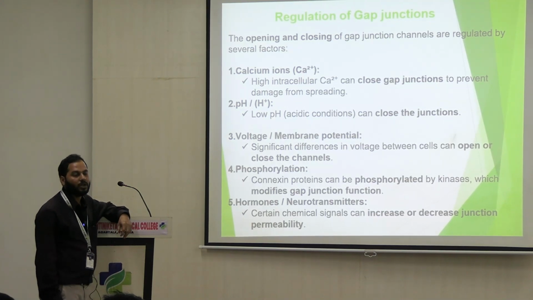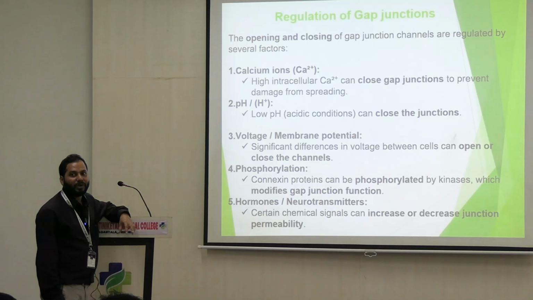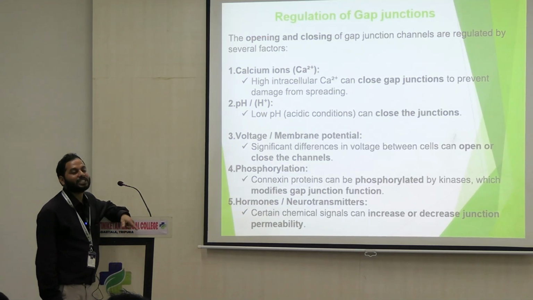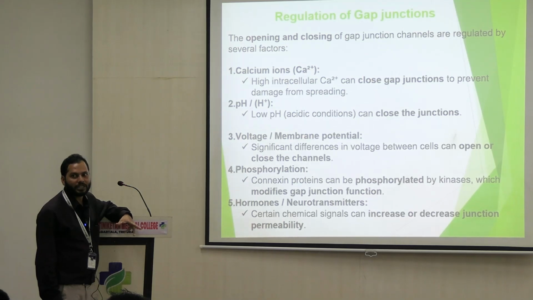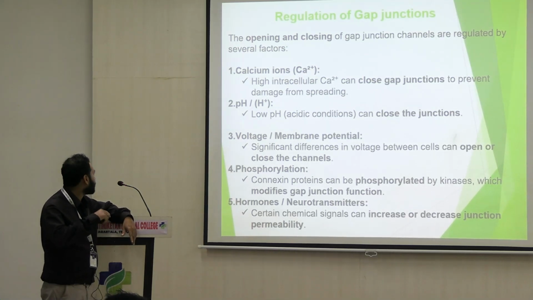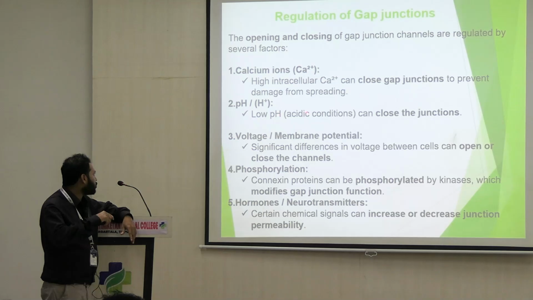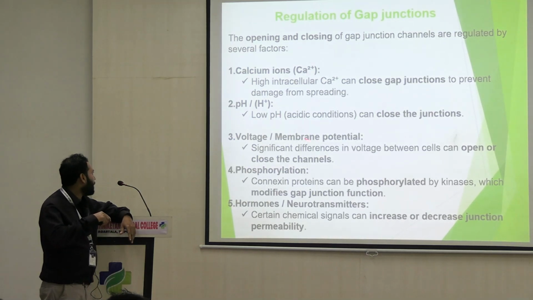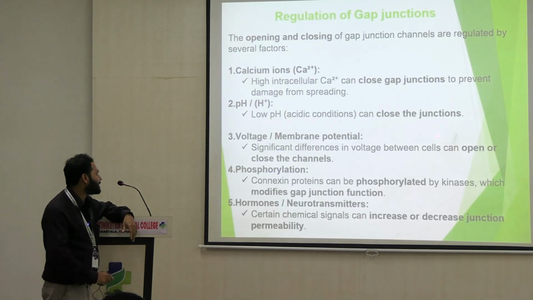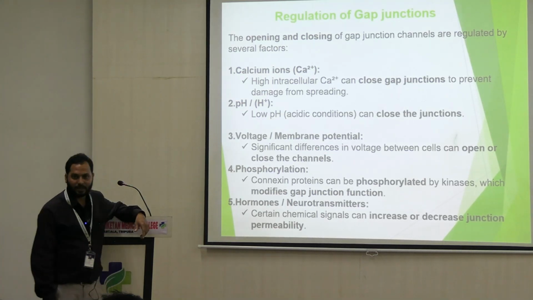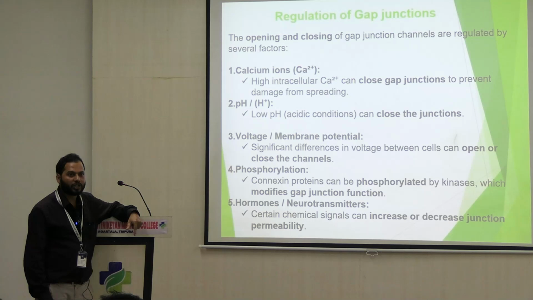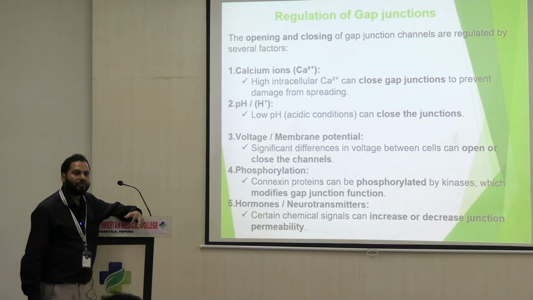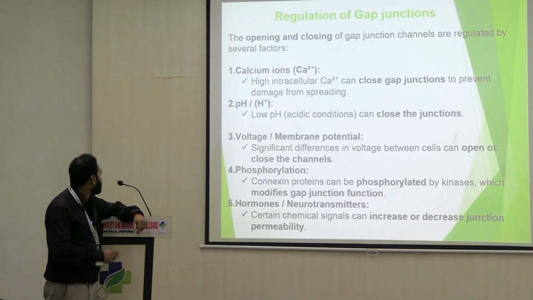This is very vital to maintain cellular integrity, and the prevention of entry of unwanted materials and exit of important materials is influenced by calcium ions. pH is also important. Acidic conditions can close the gap junctions. And membrane potentials: a significant difference in voltage between cells can open and close the channels. So the electrical potential of the cell membrane is also very vital, which is found in nerve cells, right?